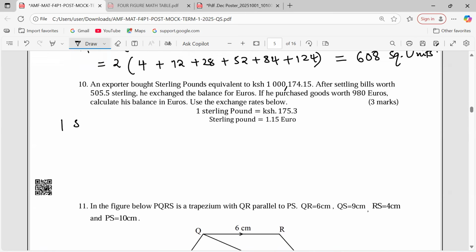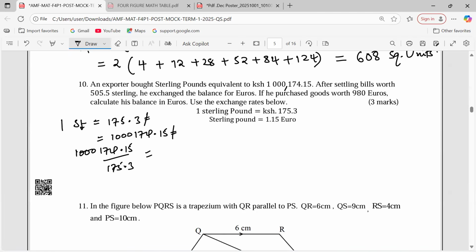1 sterling pound is equal to 175.3 Kenya shillings. What about when Kenya shillings are 1,174.15? So you divide by 175.3.